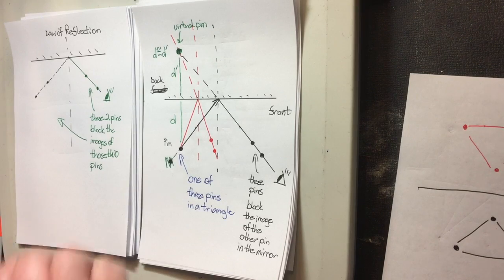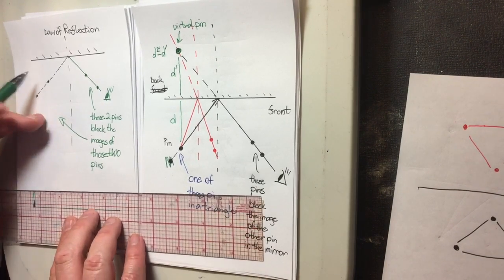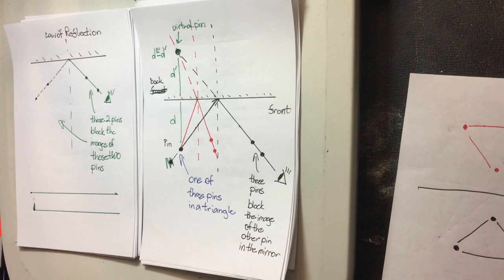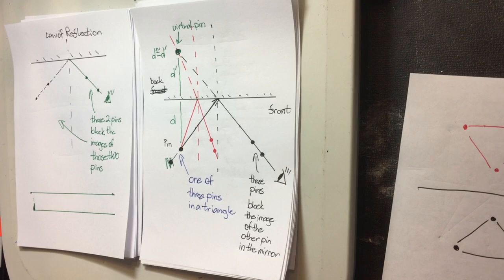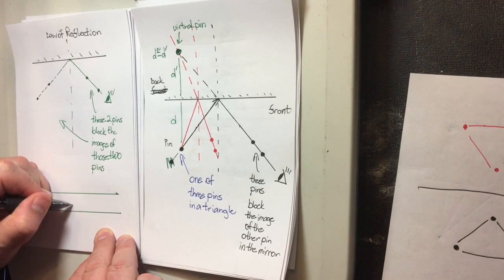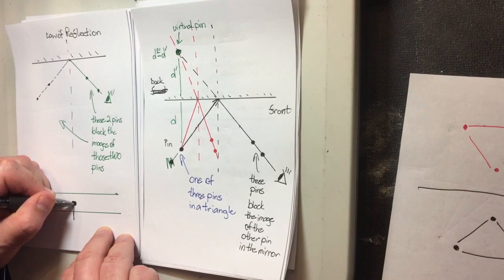So when you look in the mirror, because the mirror is only going to be a few centimeters tall, you're going to have your 2 black pins reflected in the mirror.